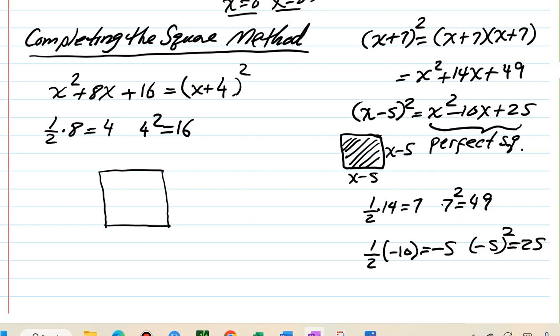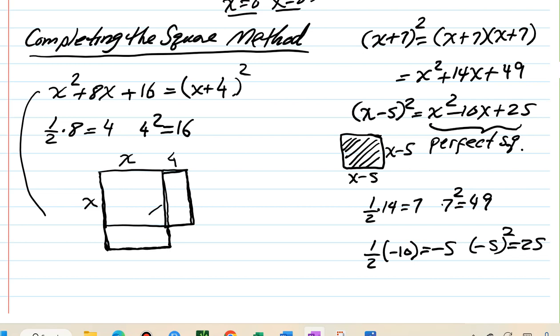Looking at x squared plus 8x, we can think of x squared geometrically as a square of size x by x. And then if I look at this little piece here, that is 4, and let's make this one also 4. So notice right now I have this geometric shape that's made up of a square and 2 rectangles.